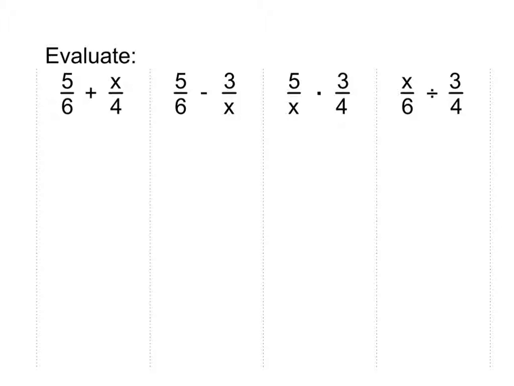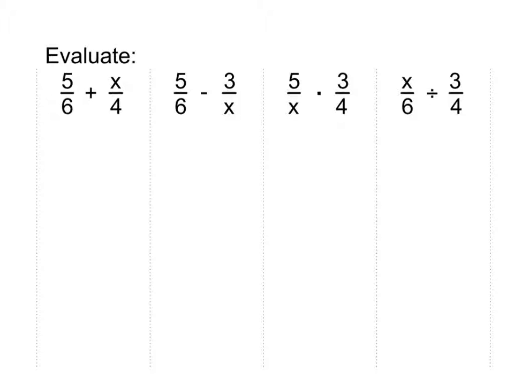In order to add and subtract, you still need a common denominator. When you multiply, you'll still multiply straight across the top and bottom. When you divide, you'll still multiply by the reciprocal. All those processes are the same. It's just now they're going to be a little bit more complicated to actually execute. And so that's what we're looking at here. These are more what we would call rational expressions, because we now all of a sudden have an x involved.